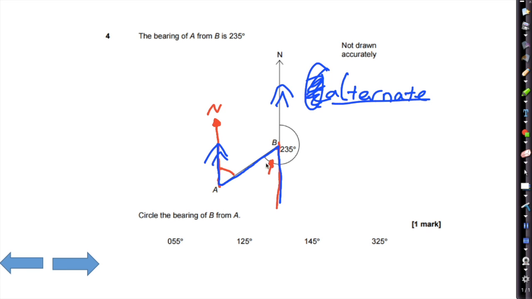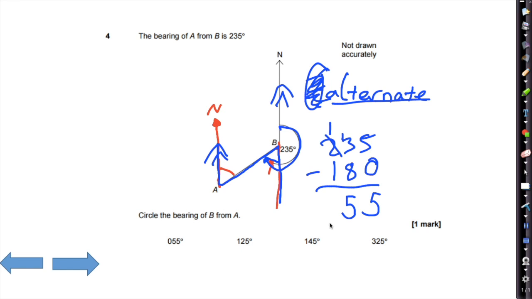Anyway, we can work out what this angle here would be by doing 235, which is the whole of this angle, take away 180 because it's angles in a straight line. That's going to give us 55 degrees. This angle here is 55 degrees.